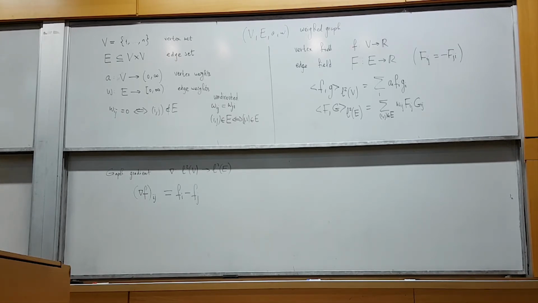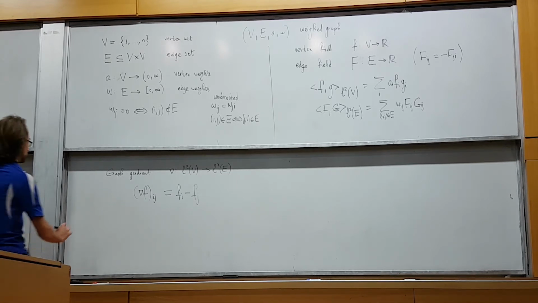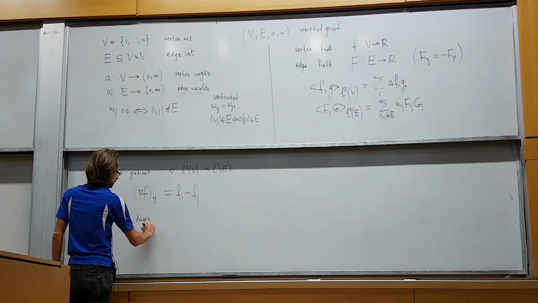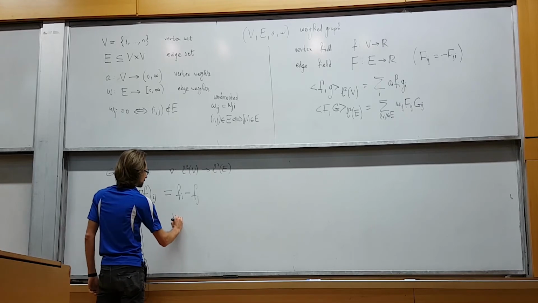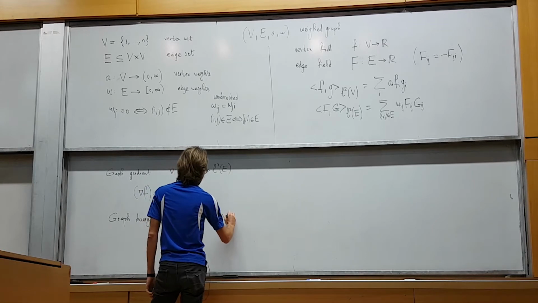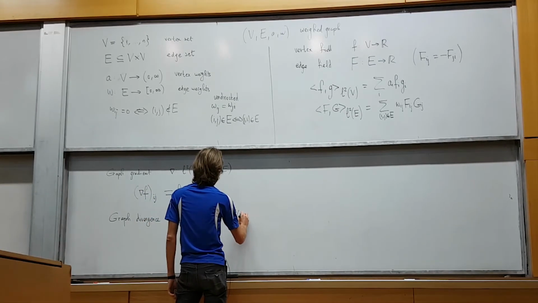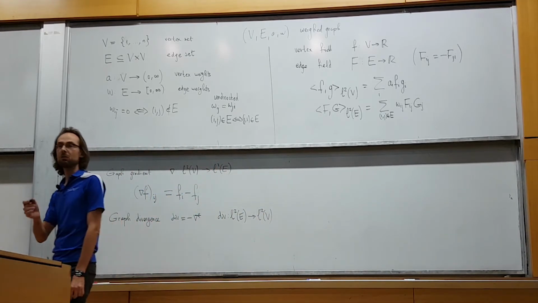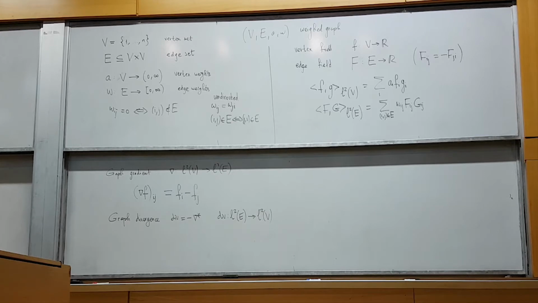Now, if I define this gradient in this way, and I have inner products, I can define the adjoint operator. Okay? The minus adjoint of the gradient will be called the divergence. So it's the graph divergence. Divergence is minus the gradient adjoint. It is an operator from edge fields to vertex fields. It can be obtained from the formal definition of the adjoint. I will write it in explicit form.